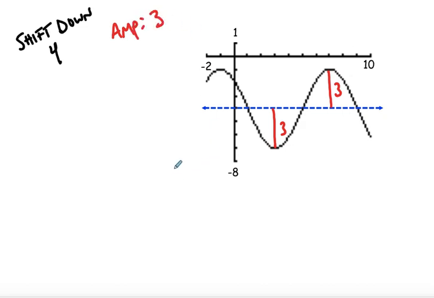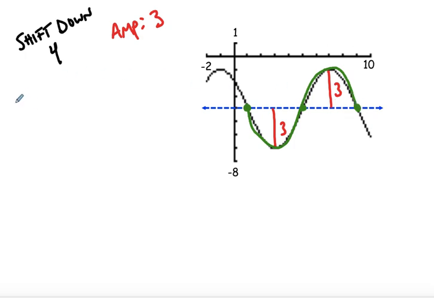The next thing would be to figure out whether you're seeing a sine graph or a cosine graph. So I'm seeing sine, beginning, middle, and end in the same place. This sine, though, is dipping down first and then going up.